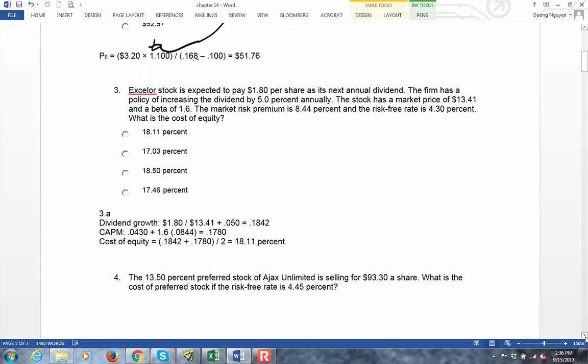Now question number 3. Calculate the cost of equity. Now over here you are given information to calculate the cost of equity using both models. The dividend growth model.